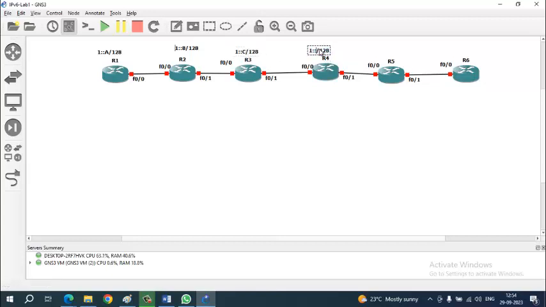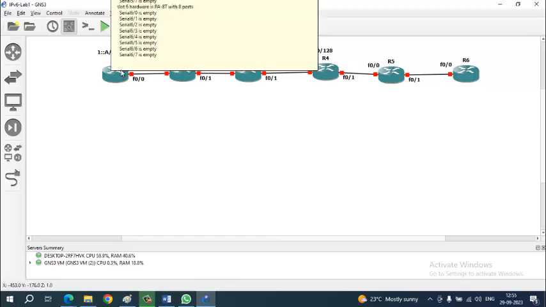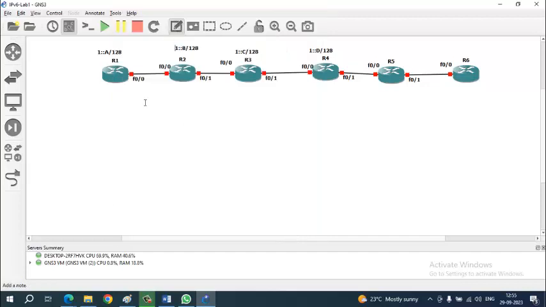Let's take only 4 routers now. Later we'll add more for routing protocols. Between R1 and R2, I'm going to take 2000 colon AB colon slash 64 network. 64 is the network.